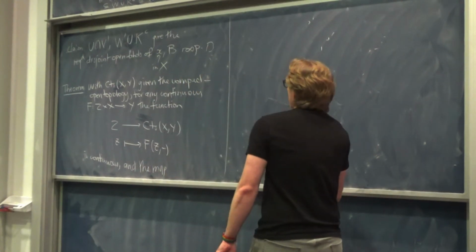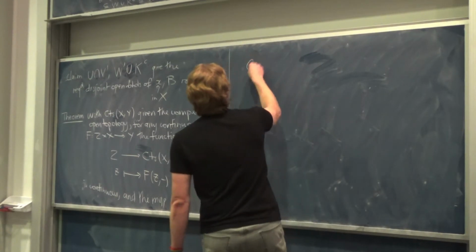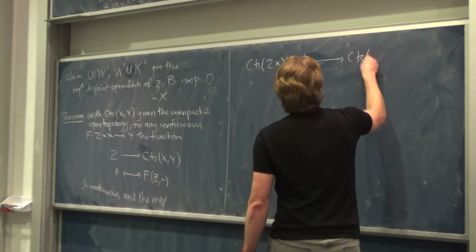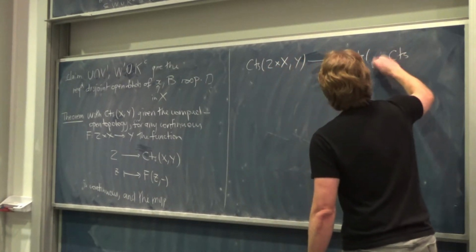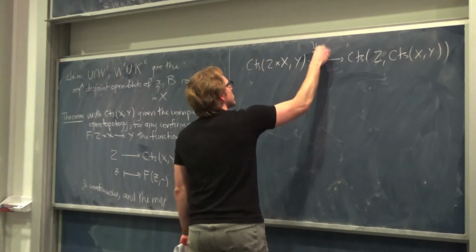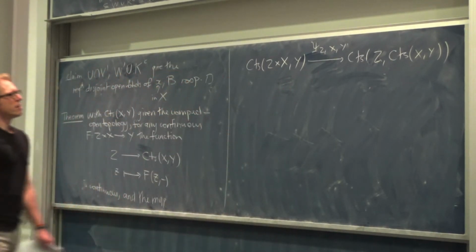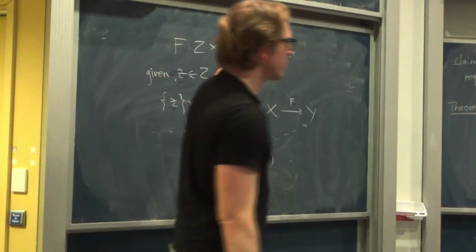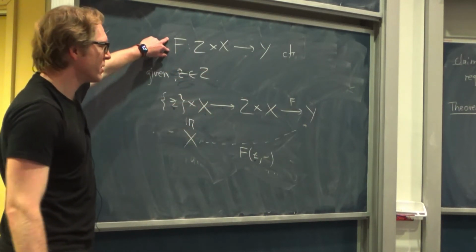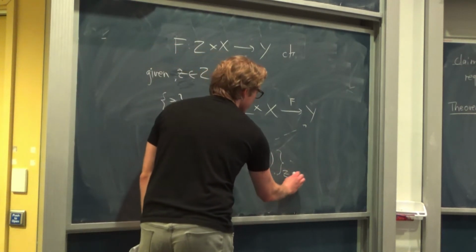So that's the first claim. And the second claim is that the following map is a bijection. Psi, for Z, X, Y. Well, this is just the function which does this. What is this construction? I just described how to take a single function and give you a parameterized family of continuous maps.